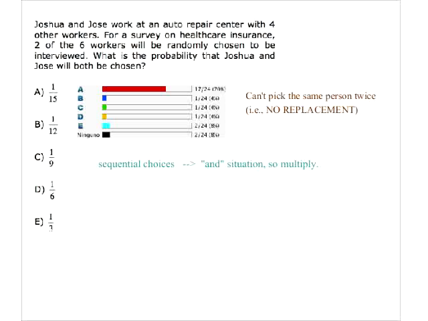Remember, order matters, so we need both possible orders. The possible orders are Joshua, then Jose, and the other possible order is Jose and then Josh.